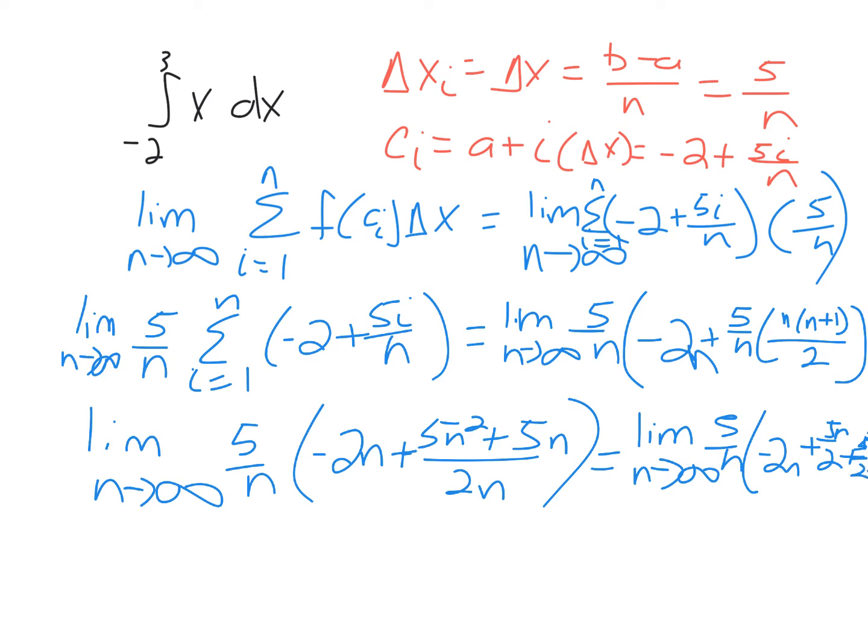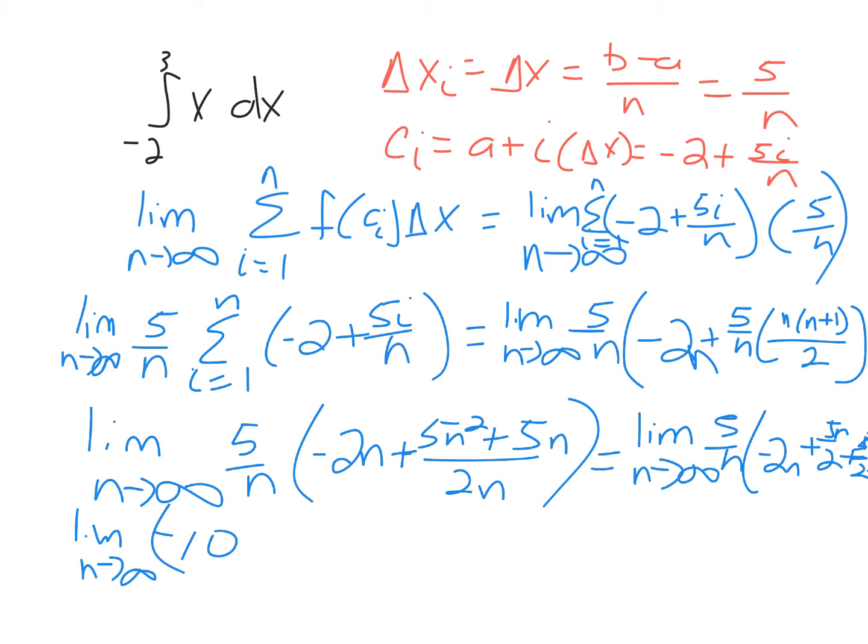Distribute the 5 over n. You're going to get negative 10, still limit, I'm doing the 5 over n, so negative 2 times 5 is negative 10. N over n goes away, so it'll be negative 10.